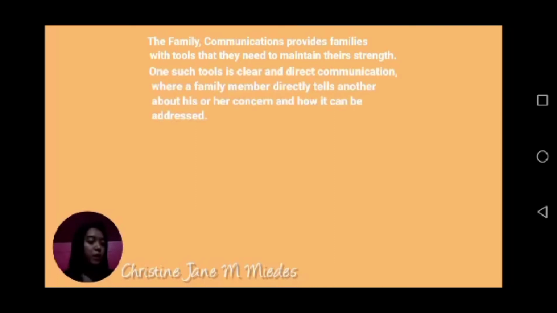One such tool is clear and direct communication, where a family member directly tells another about his or her concern and how it can be addressed.